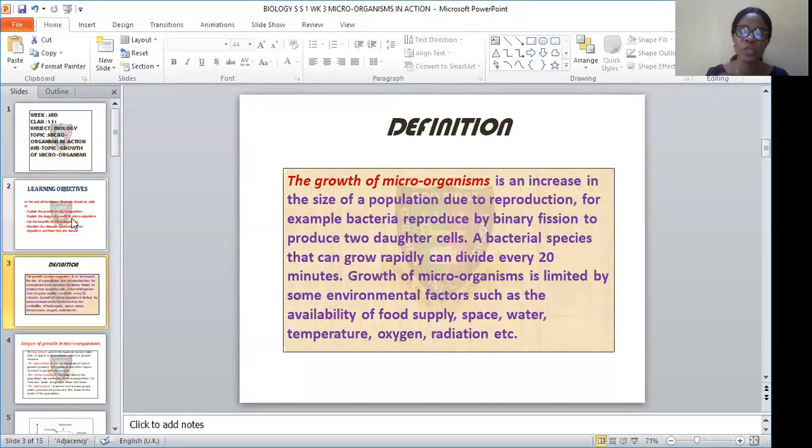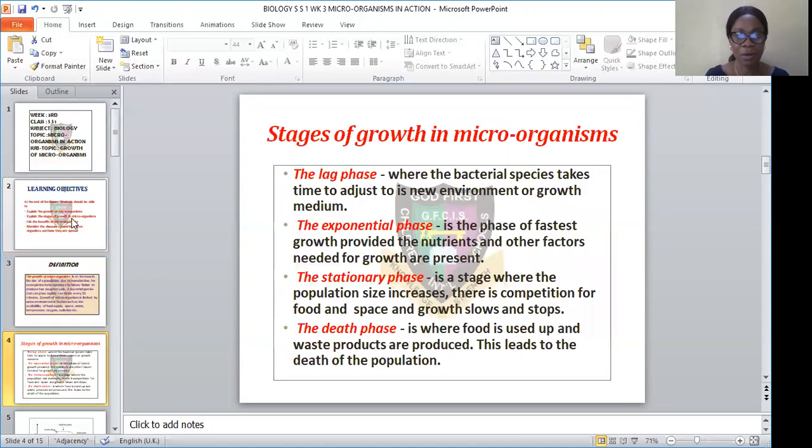That is, they produce 2 daughter cells at a time. A bacterial species can grow rapidly and can divide every 20 minutes. Growth of microorganisms is limited by some environmental factors, such as food supply, space, water, temperature, oxygen, radiation, and others.